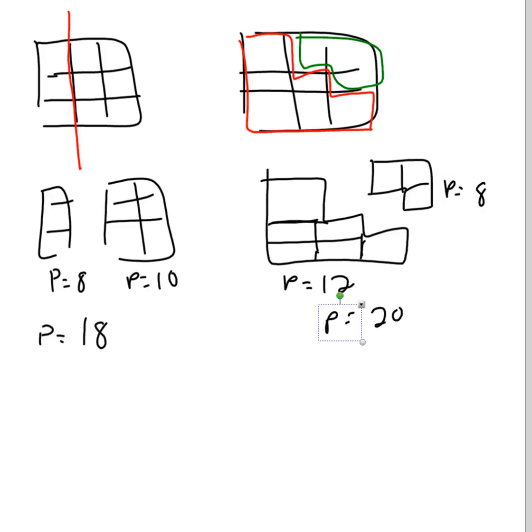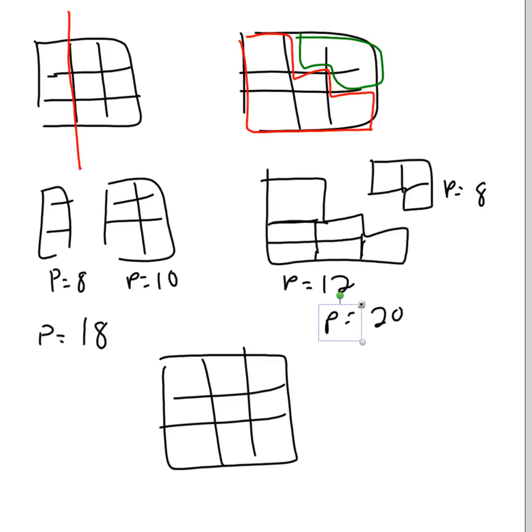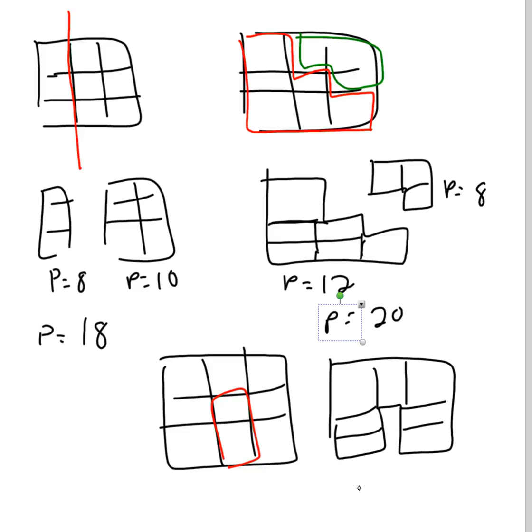But again, can we think about creating the most possible edges? So if you have your 9 by 9 square, and you cut it here, you'll end up with a U-shaped piece and a piece like that. This piece would fit into there. I know I haven't drawn it very well. When you find the perimeter of that, this one is 3, 6, 7, 8, 9, 10, 11, 12, 13.